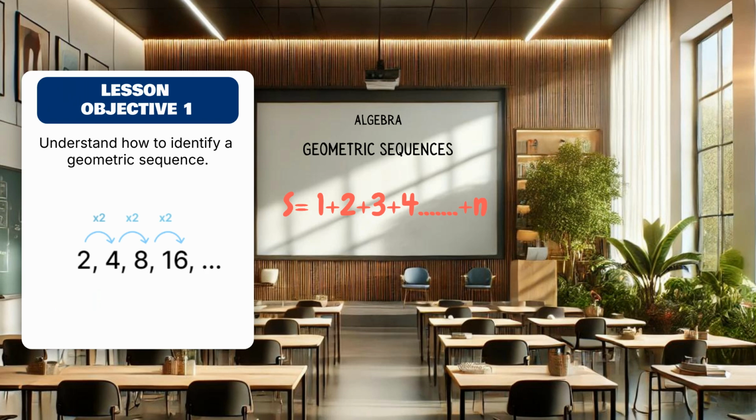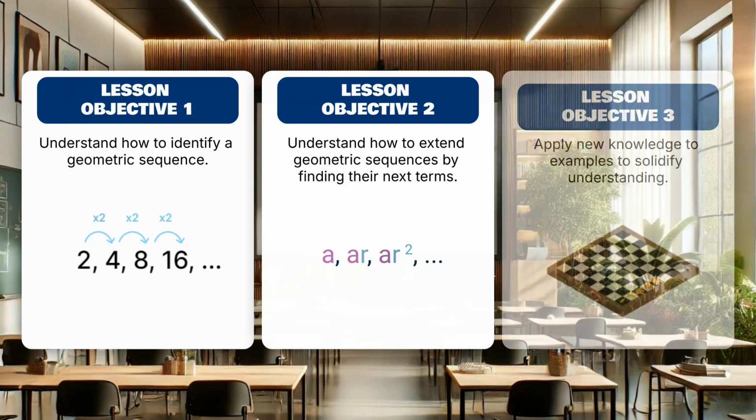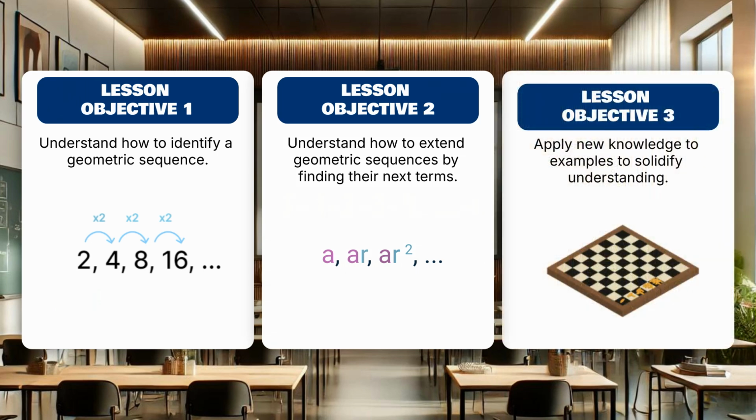We also discussed the mathematical representation of geometric sequences using the form a, ar, ar squared, and so on, where a is the first term and r is the common ratio. Through examples, we demonstrated how to find any term in a geometric sequence using this formula. Additionally, we compared geometric sequences with linear sequences, emphasizing their differences in growth patterns. Overall, today's lesson has enhanced your ability to work with sequences by focusing on the specific properties of geometric sequences.